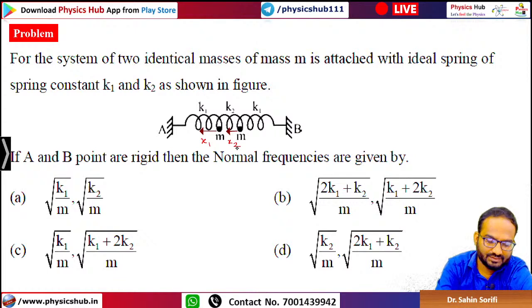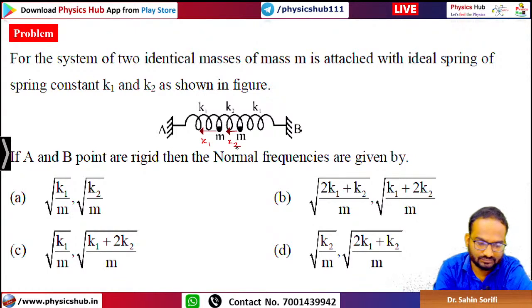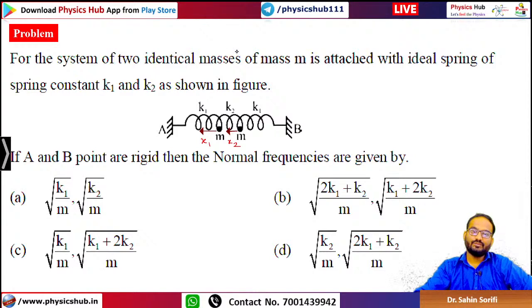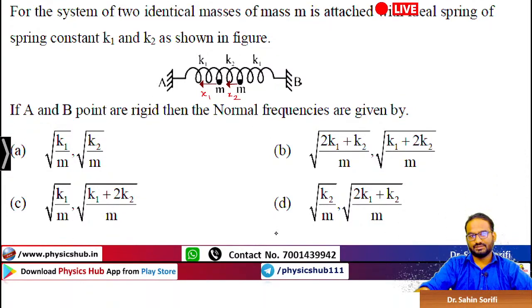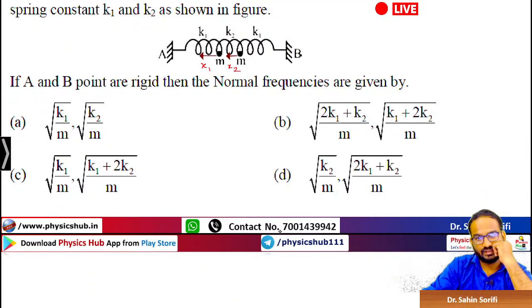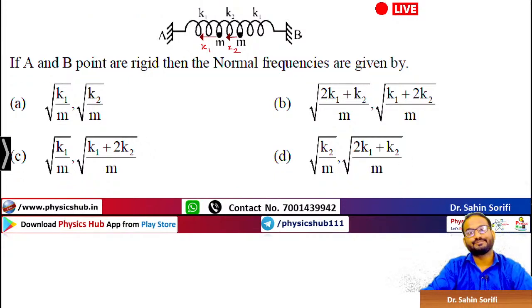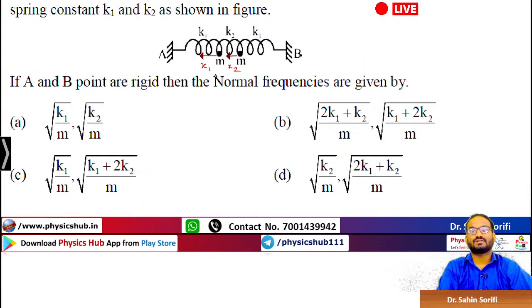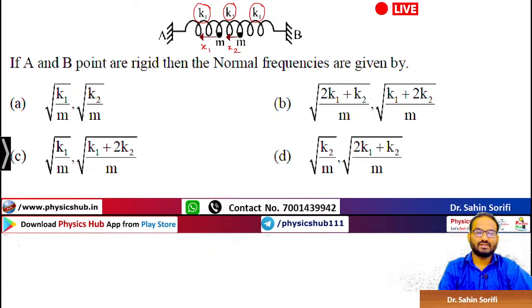Could you find the answer? Just follow the previous steps which you have done in the last slide. Here the spring constant, you can see between m1 and m2 we have k2. For this one it has k1, and for this one it has k1. So what you have to do, we have to first write the kinetic energy term. What is the kinetic energy term?